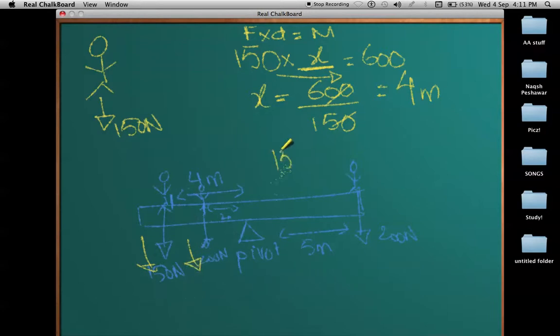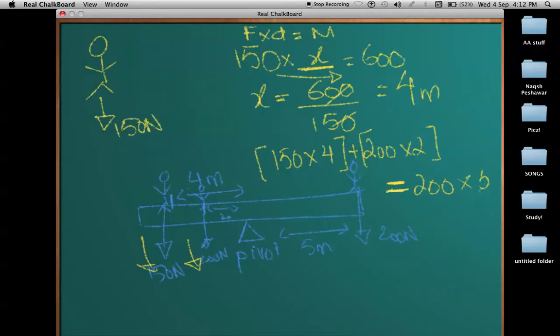This would be 150 times 4 plus 200 times 2. This is the sum of the anti-clockwise moment, and if we have to bring it to equilibrium, this should be equal to the clockwise moment, which is 200 times 5.